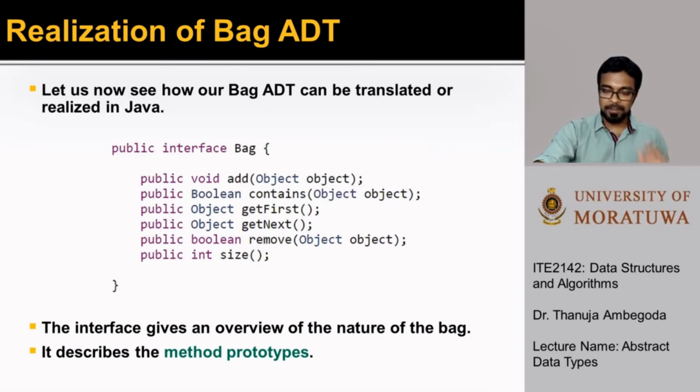We don't have the implementation details. It just tells you basic facts, like the method name, what kind of argument it expects, and what kind of return value it has. This whole code snippet corresponds to the interface of Bag.